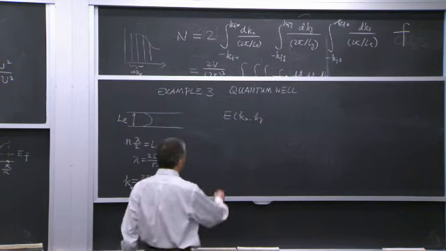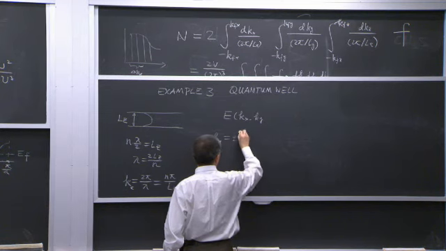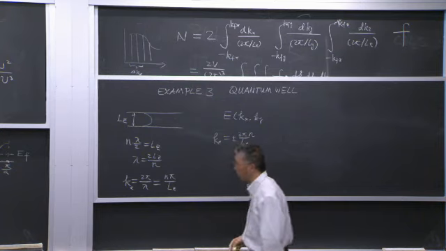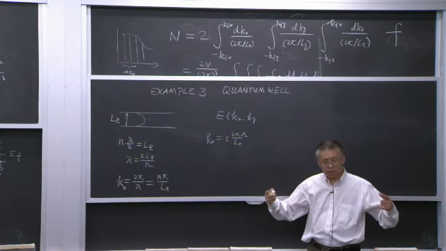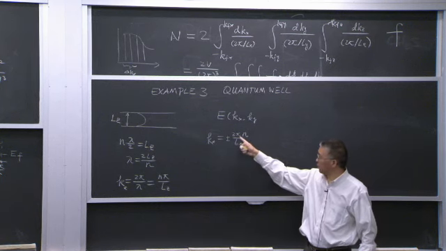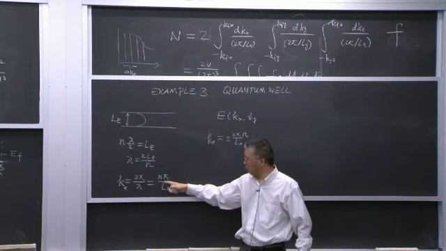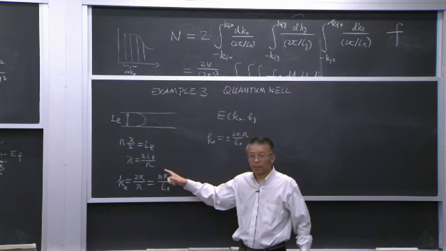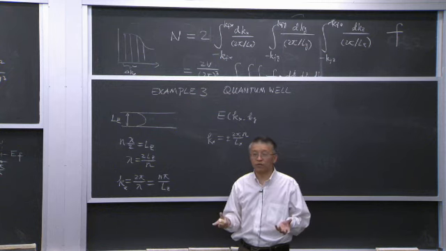Now, if you look at the separation, in the unconstrained case, kx is 2 pi n over Lx, so I have plus and minus, and the separation is 2 pi over Lx. In the constrained case, n is only positive, and the separation is pi over Lz. It's a factor of 2 difference.